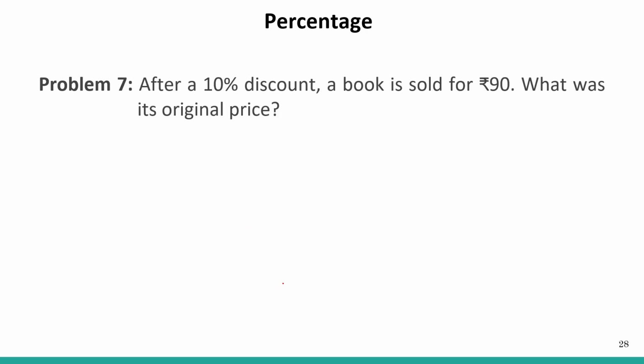So let's see problem number 7. Problem number 7 tells us that after a 10% discount, a book is sold for 90 rupees. So after a 10% discount, the book price is equal to 90 rupees. What we need to do is calculate the 100%, or original price.